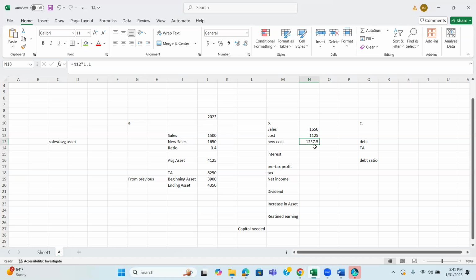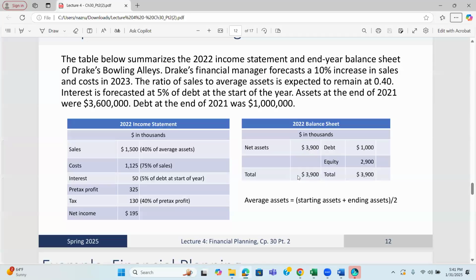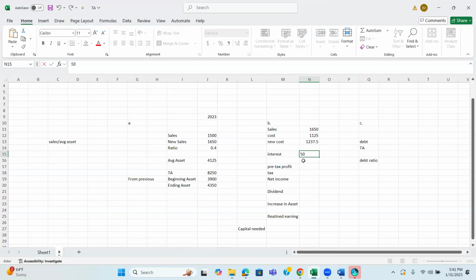So if you have sales, you have the new cost, you have other expenses, you can easily get the pre-tax profit, right? So interest is also given to you. Let's see, interest is 50. So your interest is here, 50. So pre-tax profit you can easily calculate from here: sales minus your new cost minus your interest.